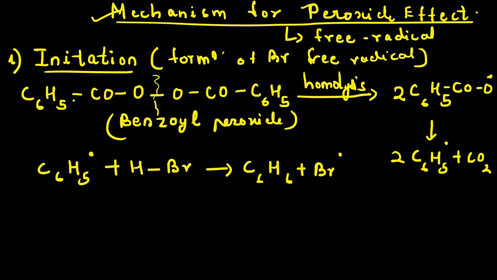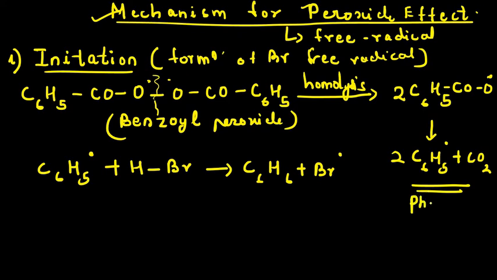So we get 2 C6H5COO, two free radicals, because we have already studied that in homolytic fission each part of the molecule carries one electron.